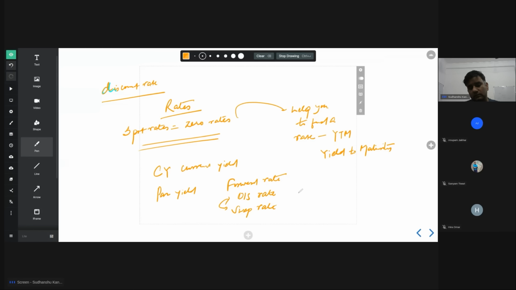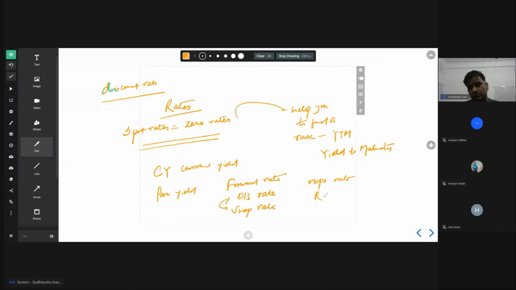So there is OIS rate, swap rate, current yield, par yield, YTM, spot, forward. I think most of them are covered. There is something called repo rate also. Repo rate.